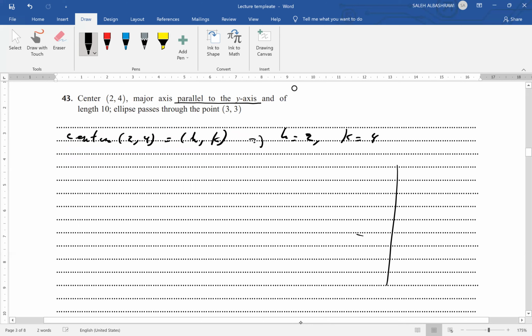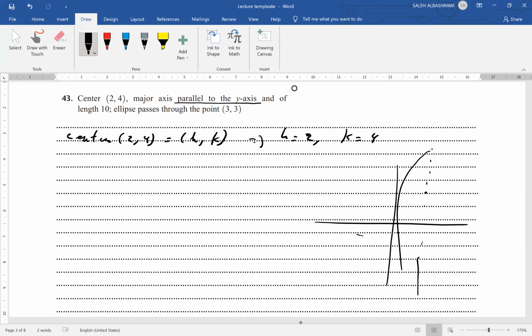If we just sketch a draft for this one, I have (2, 4) the center, and the major axis is parallel to the y-axis. So we have a vertical ellipse now. Because if we know the direction of the ellipse, we can use the equation of the foci or of the vertices.